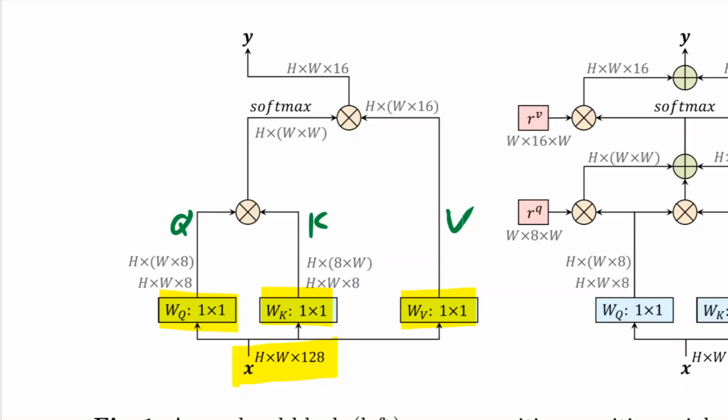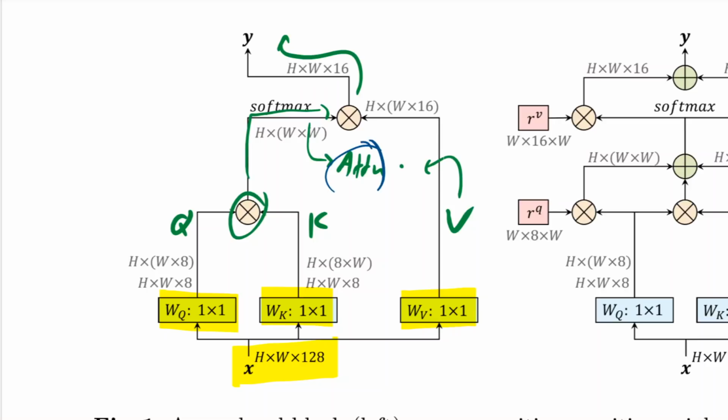Then it does a matrix multiplication with the keys and the queries and puts that through a softmax. So this here is going to be our attention matrix. This is the attention matrix, and the attention matrix is multiplied here by the values, and that determines our output. Okay. Again, the attention matrix defines how we aggregate information, and the values is what information do we aggregate for the output.